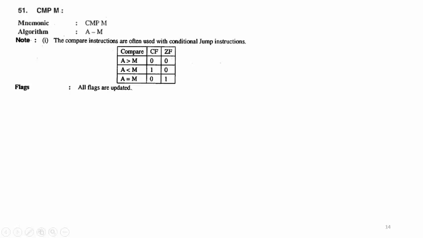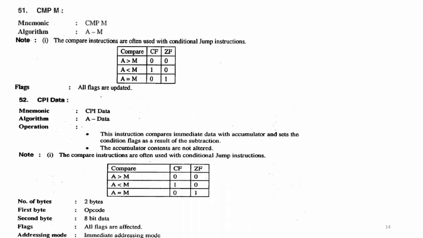If the accumulator is smaller than the memory pointed content, at that time you will get carry 1 and zero flag 0. And if the accumulator and memory pointed content are the same, at that time you will get carry 0 and zero flag bit 1, which indicates the accumulator is equal to M.